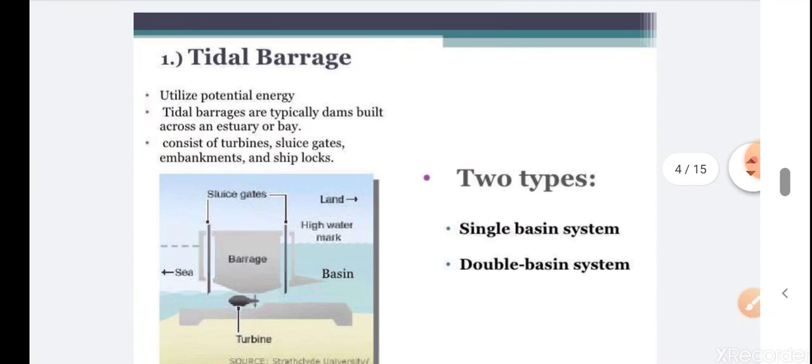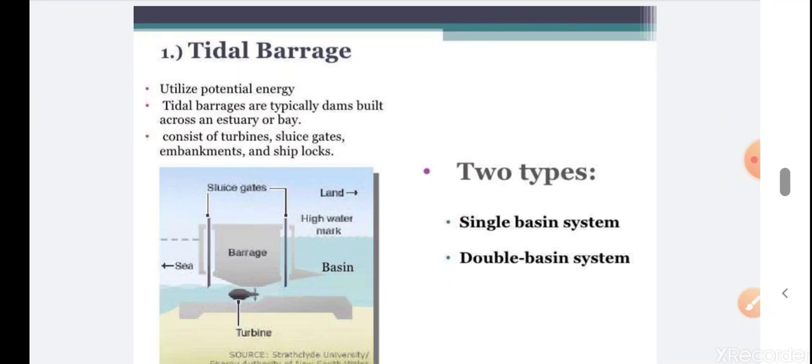If we talk about tidal barrage, it has two systems, single basin system and double basin system. In this, a barrage is constructed near the coastal region, and behind it a catchment area is there which is known as the basin, and the barrage has a gate which is known as the sluice gate, and the turbine is installed there.